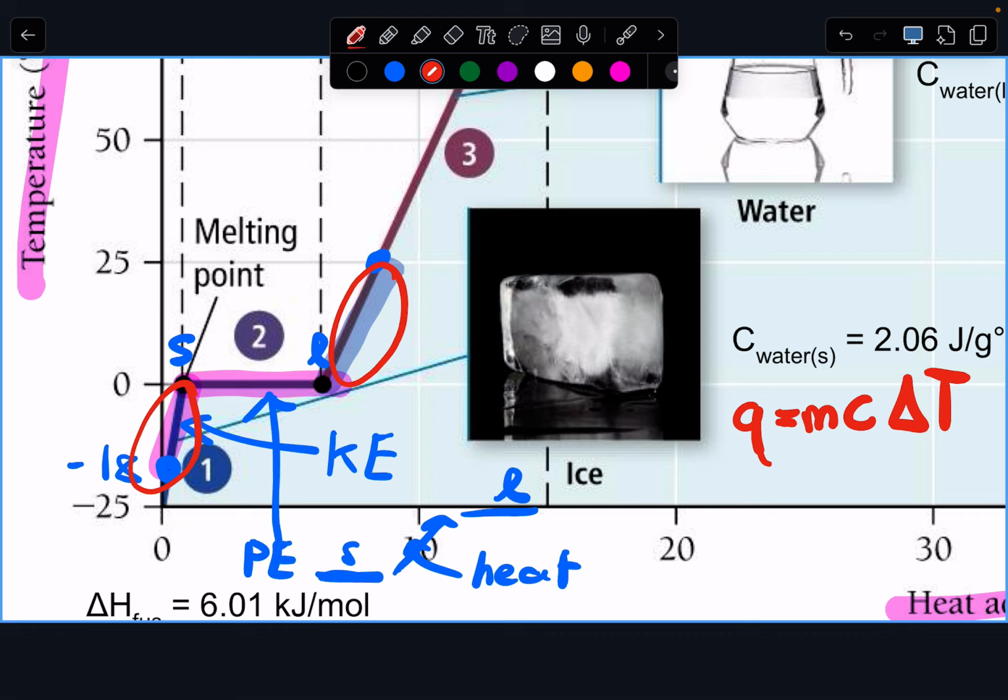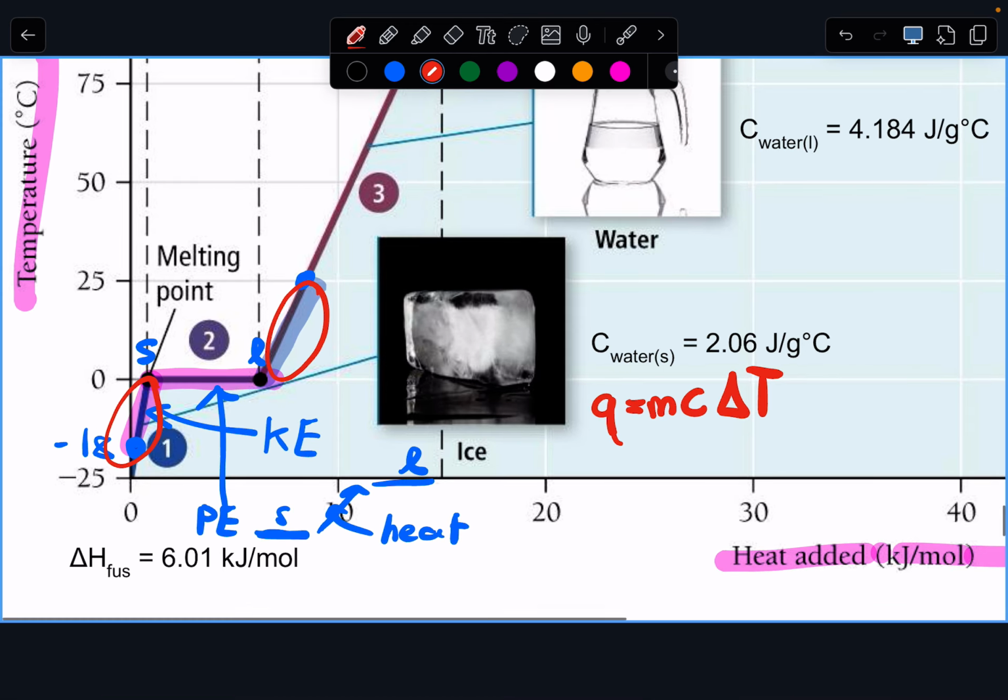So an important point is that the specific heat of ice, so water in the solid phase, is not the same as the specific heat of water in the liquid phase. We didn't really talk about that a ton in chapter 7, but it's important to know that the specific heat changes with the substance, but also with the state of that substance.